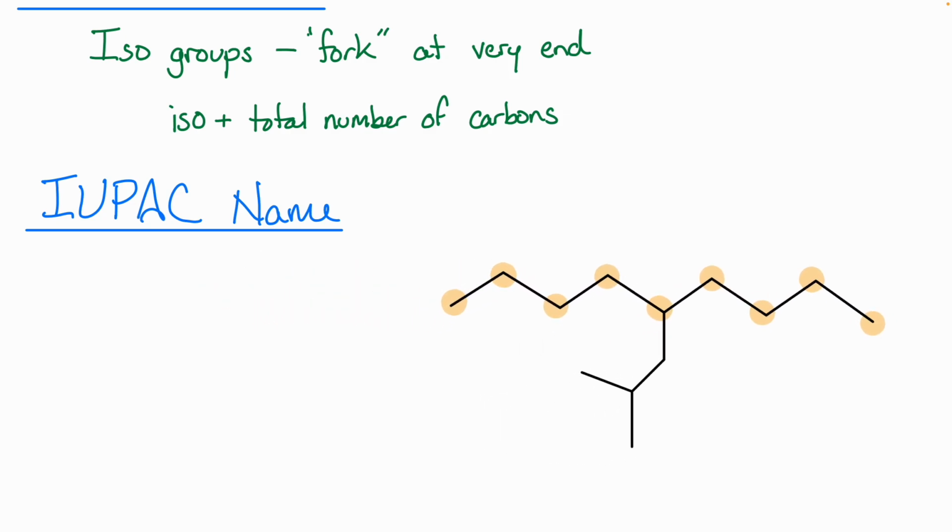We're going to do the same thing, but give it its IUPAC name. We've already found our parent chain. Check, check. It's a nonane. Now we're going to look only at that branched alkyl substituent, and we're going to play the exact same game that we played before.